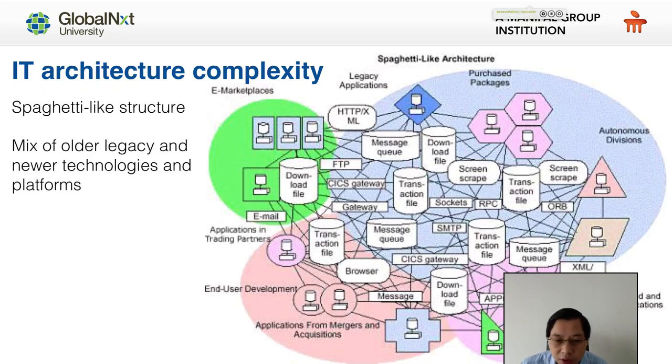Obviously, organizations have been using IT for a long time, and IT itself has evolved over the years. So many organizations will have this mix of older legacy applications and newer technology and platforms. And lots of companies still use mainframe computers to do a lot of the back-end transaction processing.